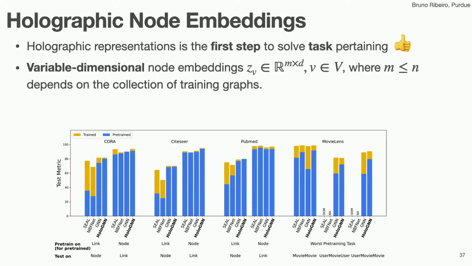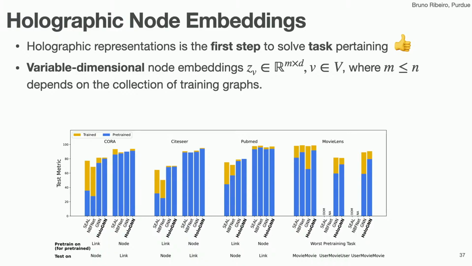Are there any questions? Yes? Can you explain a bit about this dimension of this? Yeah, so these are different embedding methods for the nodes.